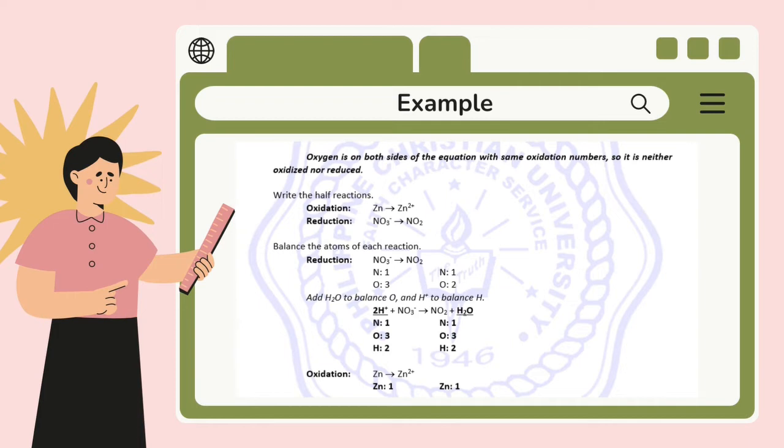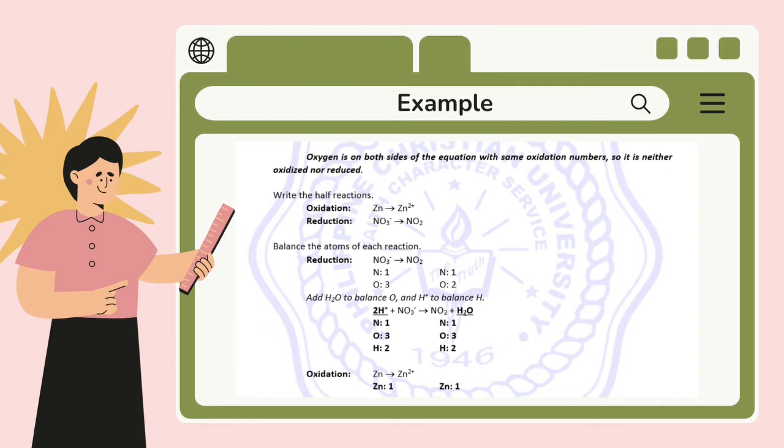In here, on the left side, the number of nitrogen is 1. On the right side as well. So it is now balanced. For the oxygen, on the left side we have 3 atoms, and on the right side we also have 3 atoms, so that is also balanced. And for the hydrogen, we have 2 atoms of hydrogen on the left side, and on the right side we also have 2.